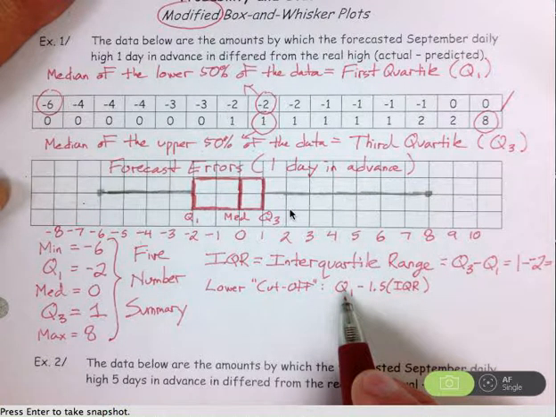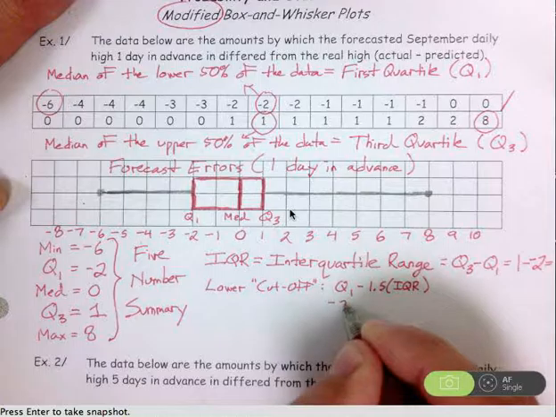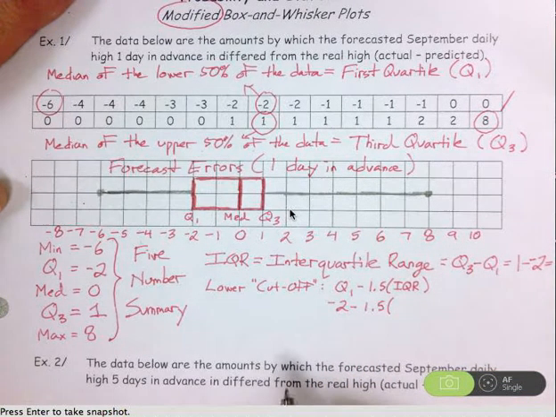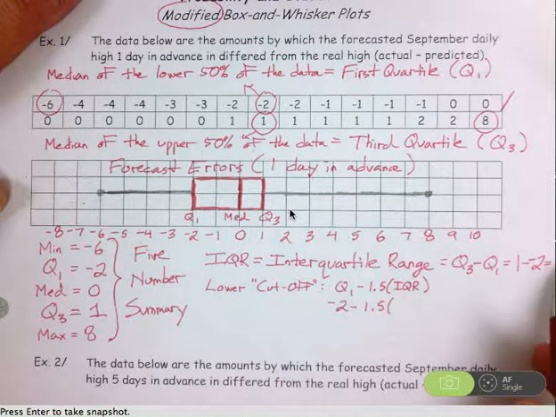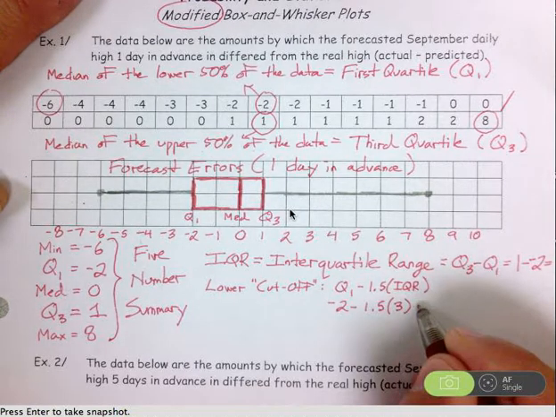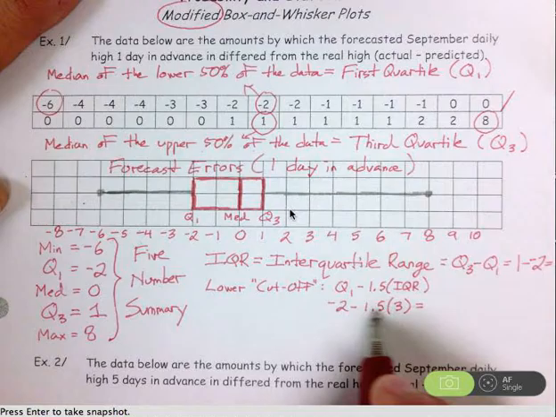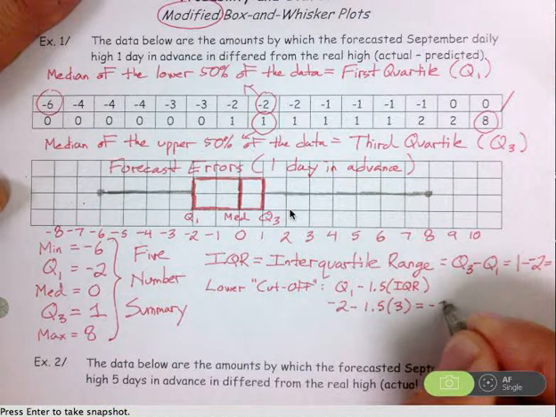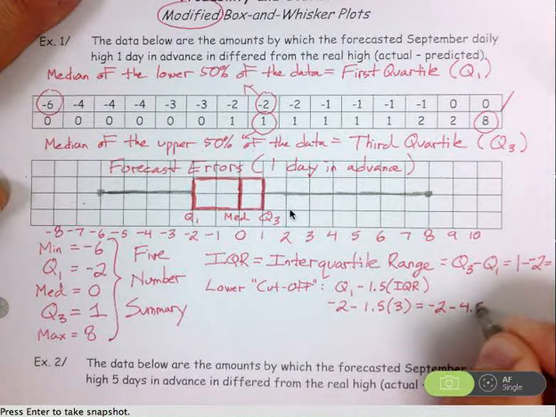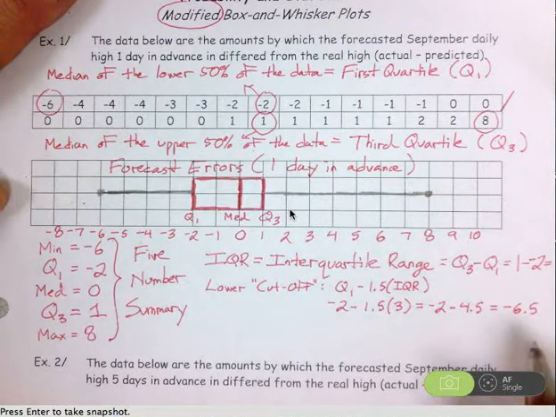So in this case, Q1, right here and right here, is -2 minus 1.5 times the interquartile range. The interquartile range is 3. So what this gives me is -2 minus 4.5. That gives me a lower cutoff of -6.5.